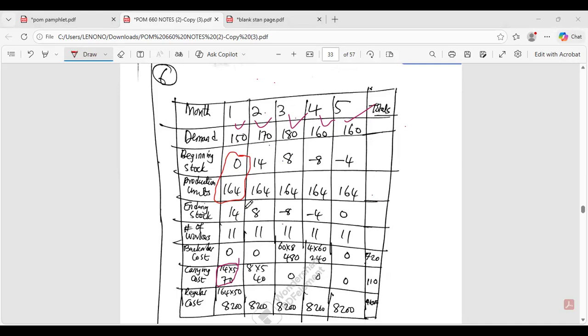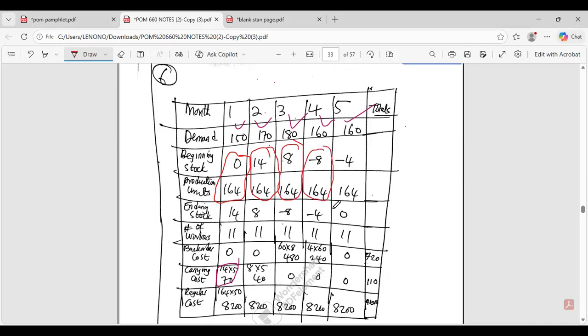Yes. 0 plus 164 is 164 minus the demand of 150 remains with 14. 14, the opening stock. 14 plus 164 minus 170 is 8. 8 comes as beginning stock. 8 plus 164 minus demand, negative 8. Negative 8 plus 164 minus 160 is negative 4. Negative 4 plus 164 minus 160, the answer is 0.